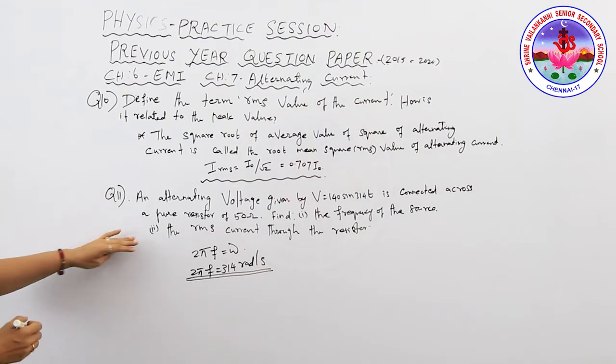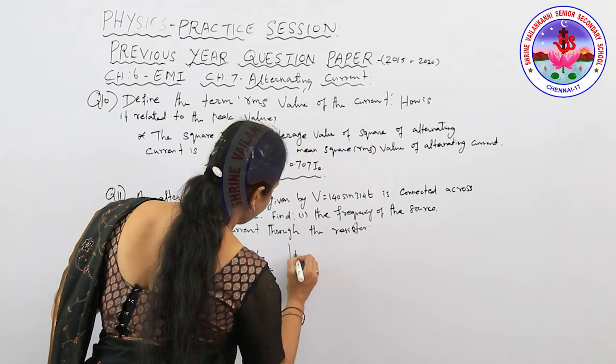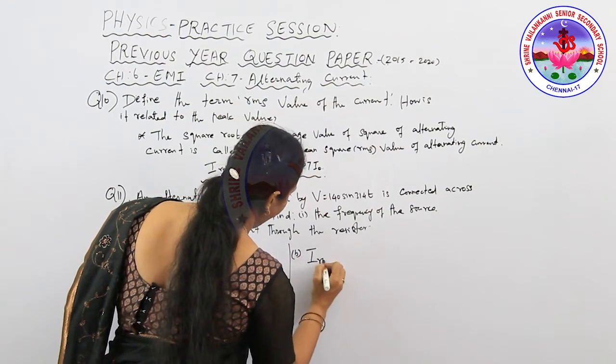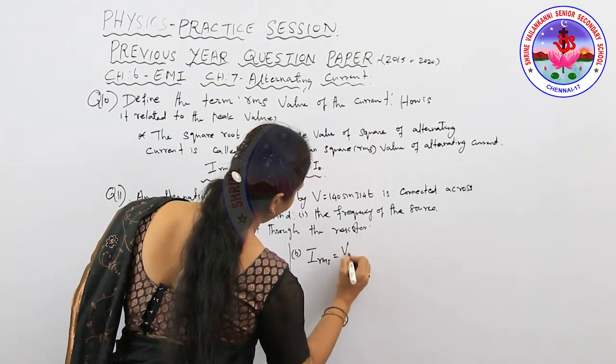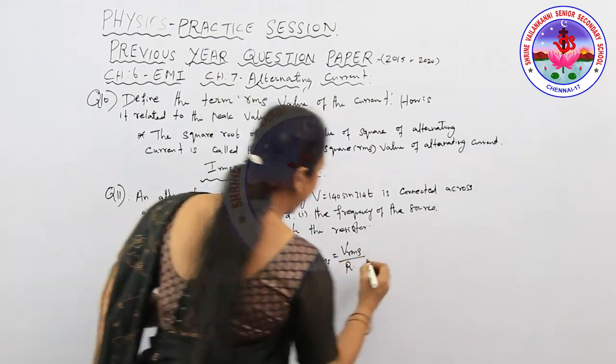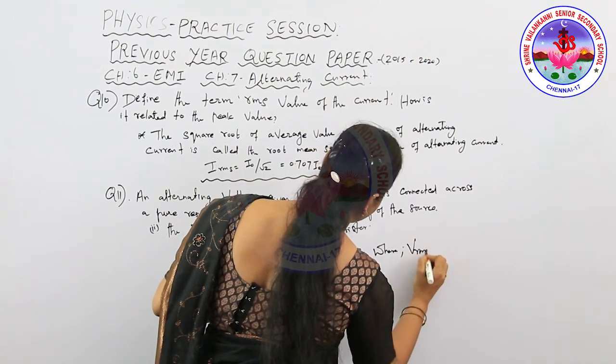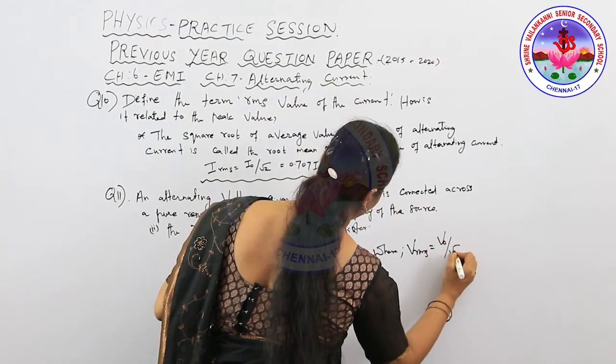And section B question is the RMS current through the resistor. So IRMS is equal to VRMS by R, where VRMS is equal to V naught by root 2.